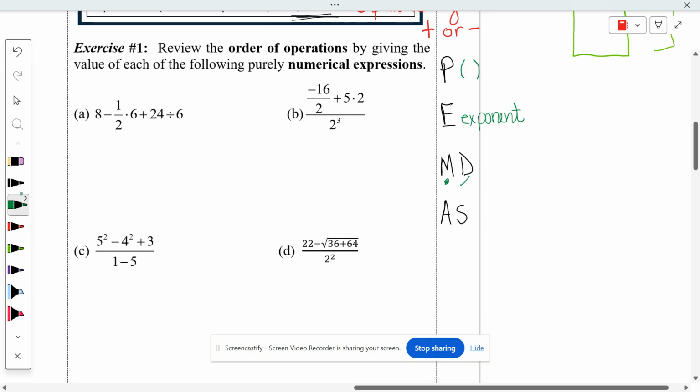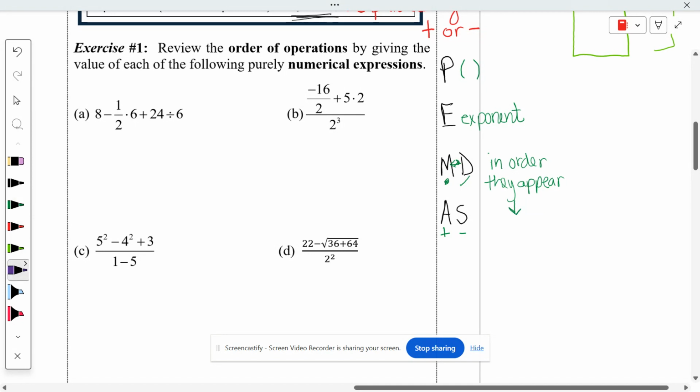Multiply or divide, and the reason I put them side by side, kind of try to throw a little arrow in between them, is because you use multiplication and division in the order they appear. So if divide comes first, you do divide first. And then the same thing with add and subtract. Same thing in the order that they appear.